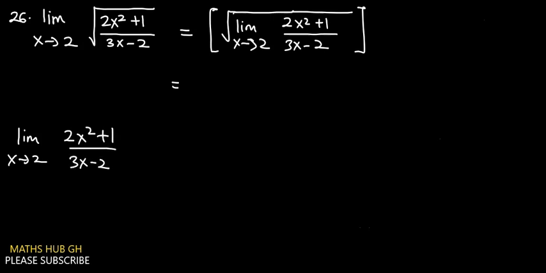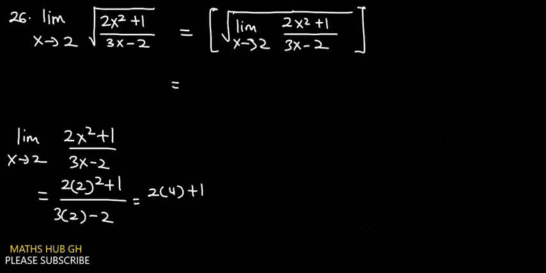With this, we can try the direct substitution here before we do anything else. If you do that, you're going to have 2 brackets open 2 squared plus 1 divided by 3 brackets open 2 minus 2. You're going to have 2 multiplying 4 plus 1, divided by 6 minus 2.